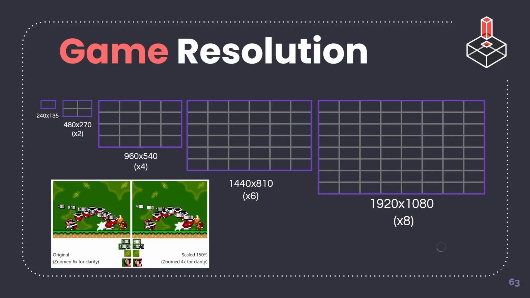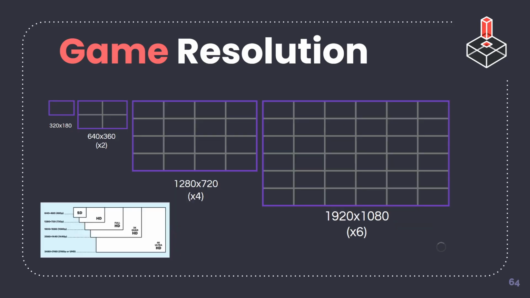which is why a better solution is to start from a native resolution like 320 by 180. If you multiply 320 by 180 by 2, you're going to get 640 by 360. Multiply the base by 4, and you get 1280 by 720, which is exactly what we're looking for.